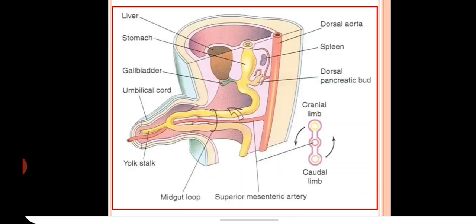In this picture you can see the midgut has turned into a U-shaped loop, and the vitellointestinal duct is attached to the apex, and the superior mesenteric artery is running in the dorsal mesentery, so this midgut will be divided into two parts, the pre-arterial segment and the post-arterial segment.